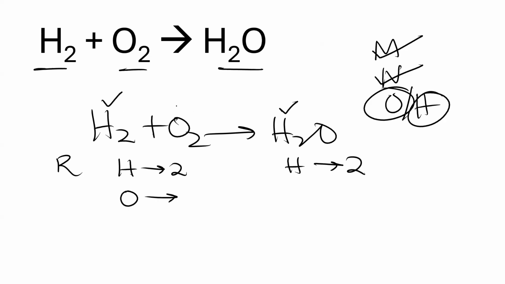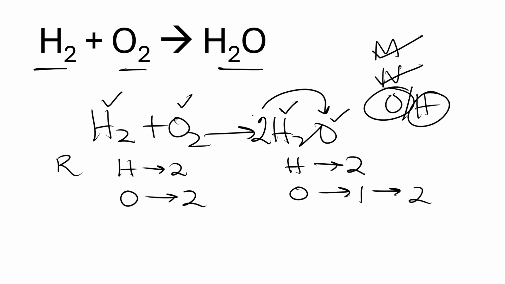For oxygen, you have two on the reactant side and one on the product side. So we multiply two to our water to balance it out, right? But by multiplying two to our water here, you also multiply two to our hydrogen. That makes it 4.